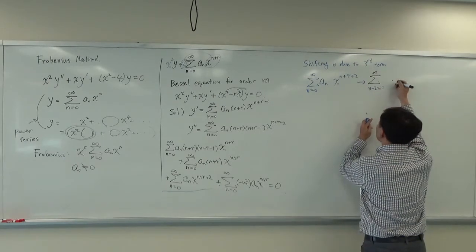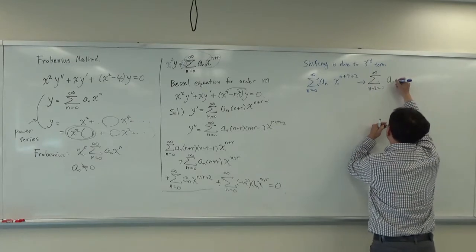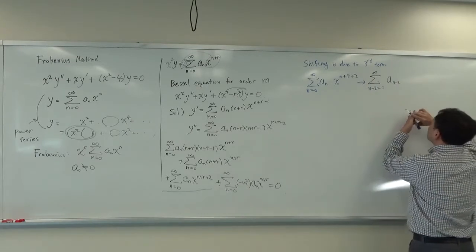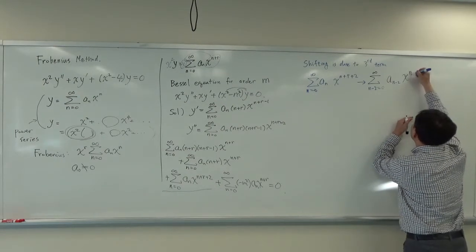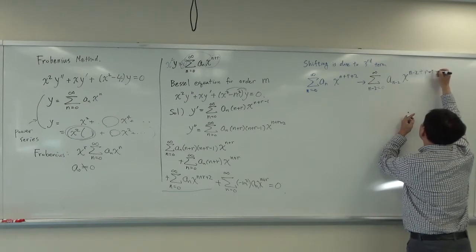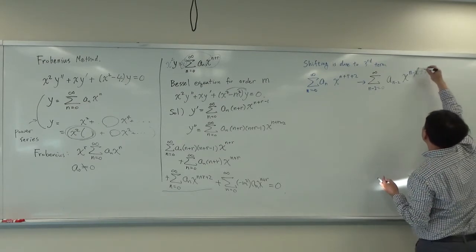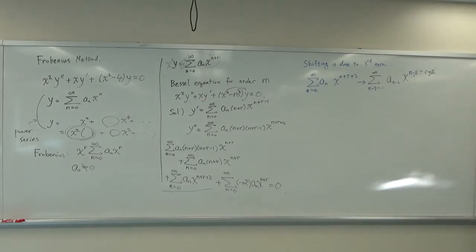So that when these two cancel, you get n plus r, just like the other ones, right?